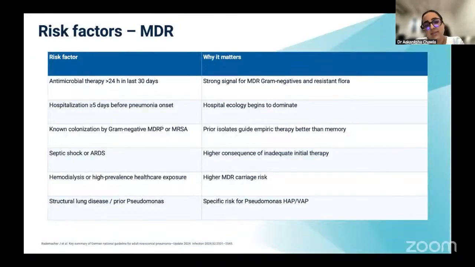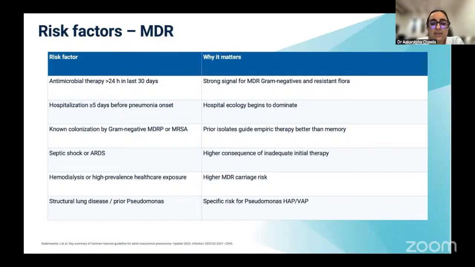So, what are the risk factors which lead to MDR infections? Antimicrobial therapy for more than 24 hours in the last 30 days, hospitalization beyond 5 days before pneumonia onset, known colonization with gram-negative MDR Pseudomonas or MRSA, patient in septic shock and ARDS, patient on hemodialysis, or there is a higher MDR carriage risk in the healthcare centers, as well as patients with structural lung disease, because they are at a higher risk of developing Pseudomonas infections, or history of prior Pseudomonas isolation.